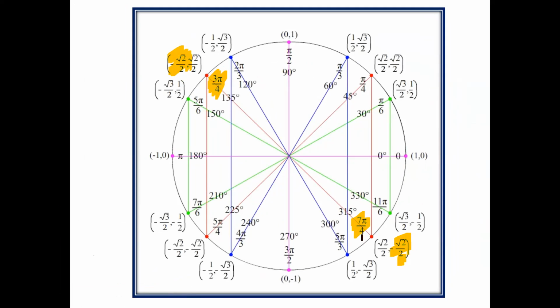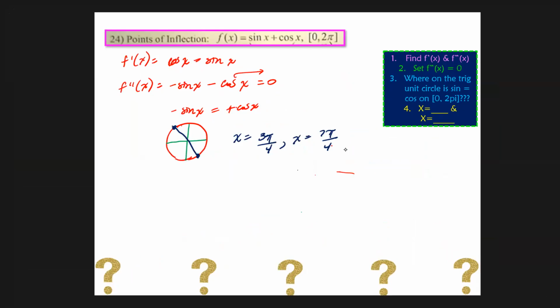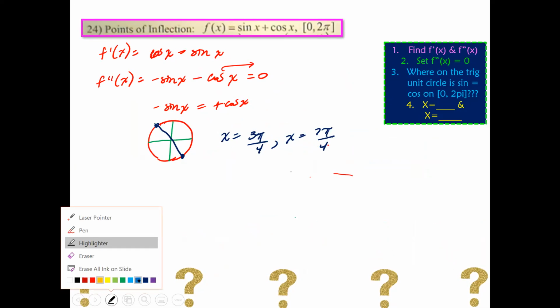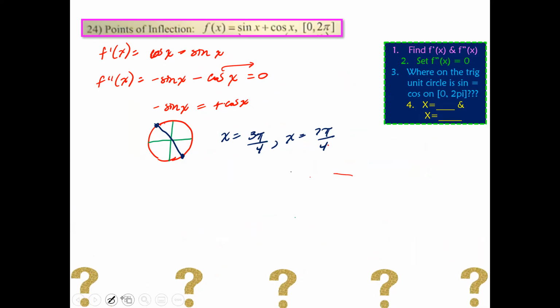So that's how you would get that answer. And now that you have those two, we're going to use this on the sign line to test for concavity. So here is my sign line.